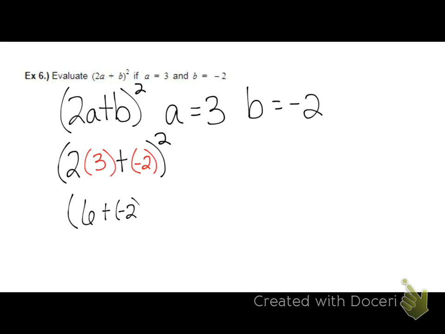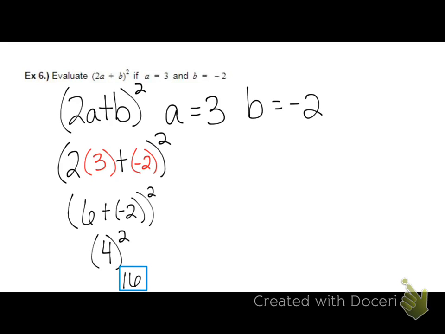And then we're adding that -2. 6 plus -2 is 4. And then we still have that exponent outside the parentheses. 4 squared is 16.